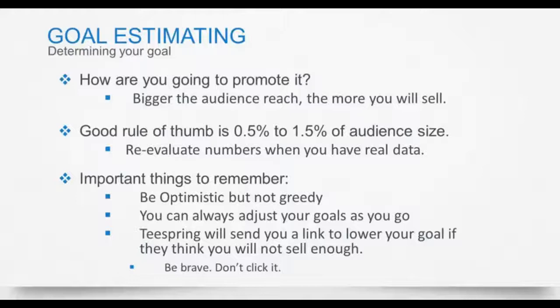Once you actually have some data, once you've run a couple of campaigns on your own, do the math and reevaluate your numbers and see what your actual uptake rate is based on your shirts. Now, each shirt will be a little bit different because it appeals to a different type of audience and different demographic. But if you average those together, you will get some real data.